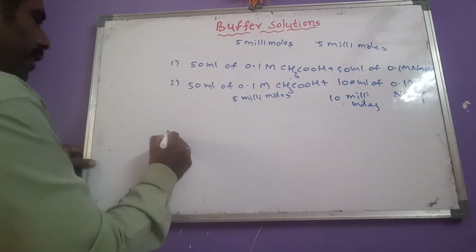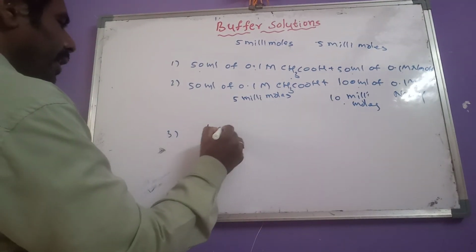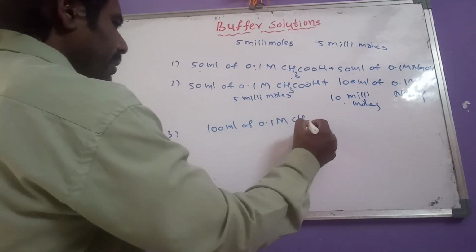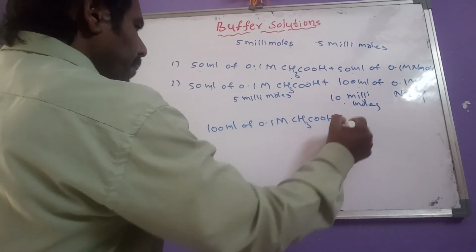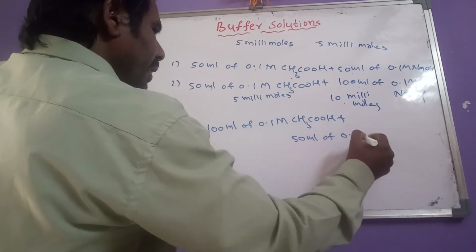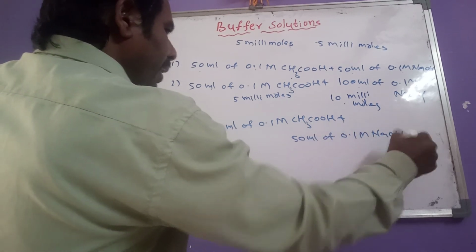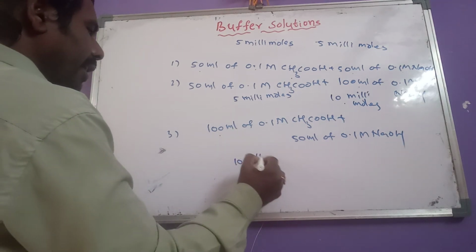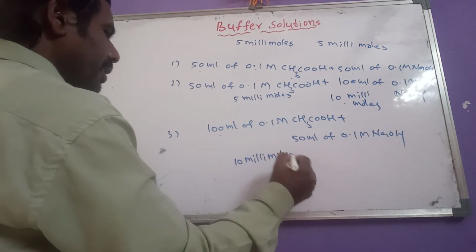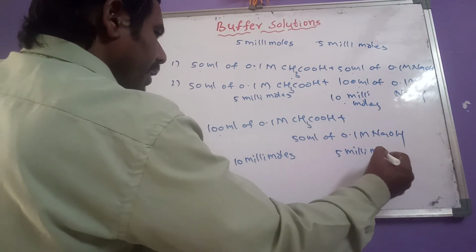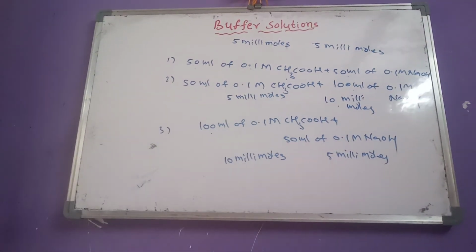Now come to the third option: 100 ml of 0.1 M acetic acid plus 50 ml of 0.1 M NaOH. 100 into 0.1 means 10 millimoles we get. Here this is 5 millimoles. Yes, we got the correct option here.